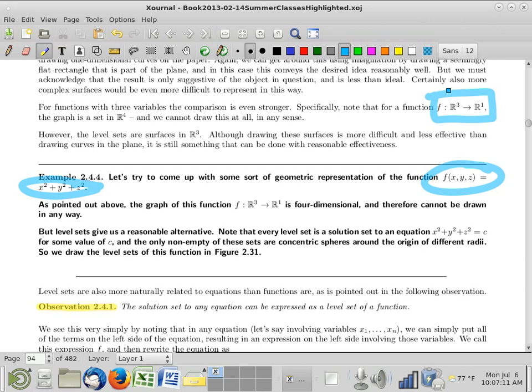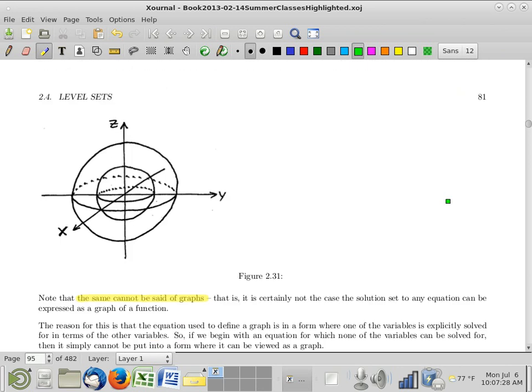So highly unsatisfactory. On the other hand, the level sets, I can draw those. It's a stretch, at the upper limit of my dimensional capabilities, but that's a sphere. And I can draw spheres. So it's this or nothing, and the level set wins in this situation.